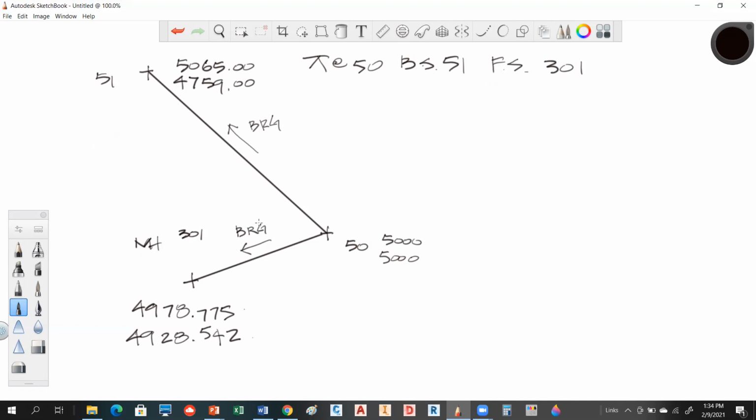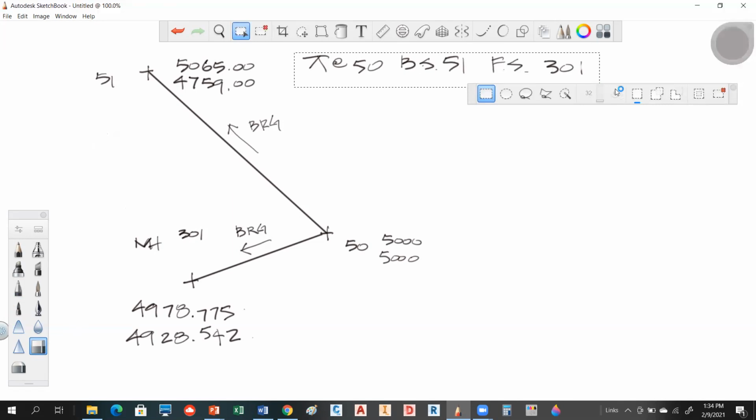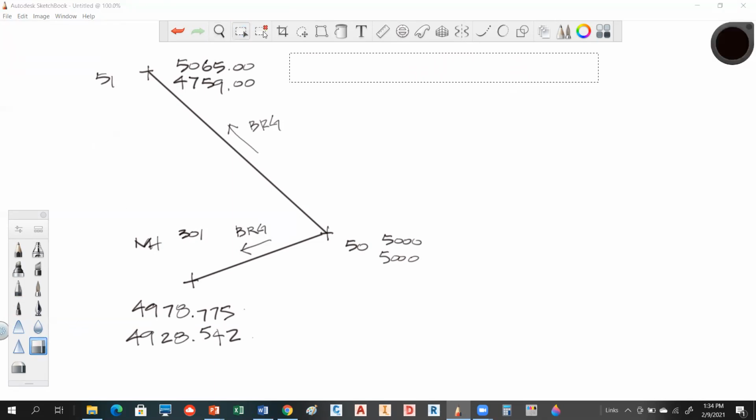So again, the process is an inverse. Let's see how quickly you guys can set this up for me. I'm just going to delete this real quick. So ultimately that's what I'm after. First off the bat, I'm going to want the azimuth, the bearing, let's say from 50 to 51.